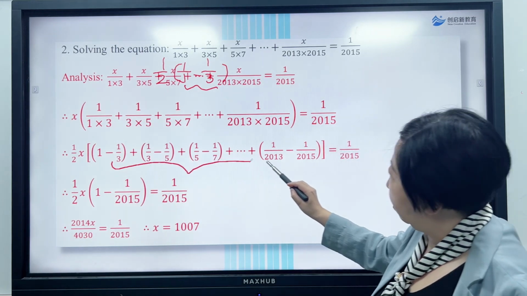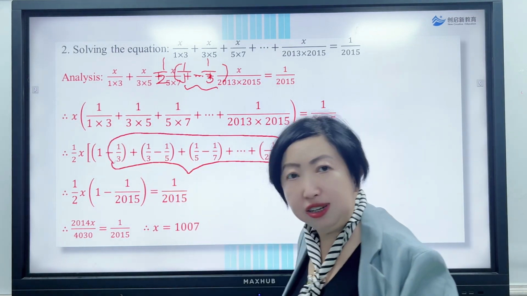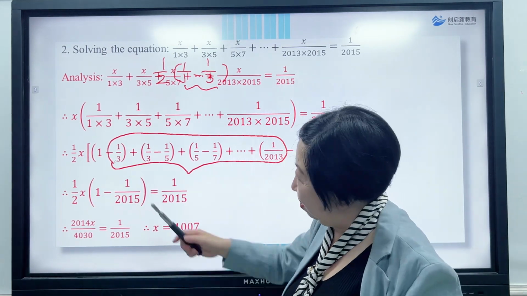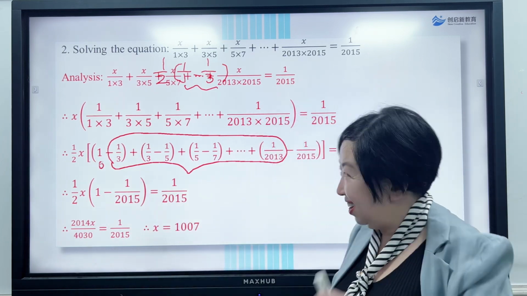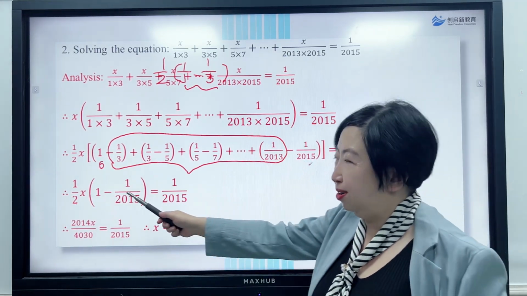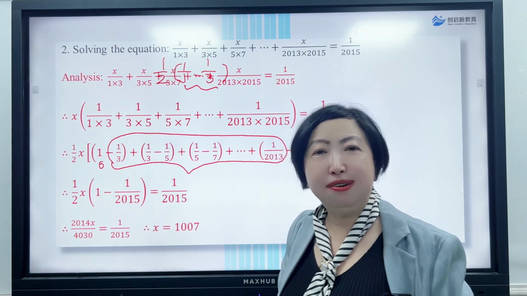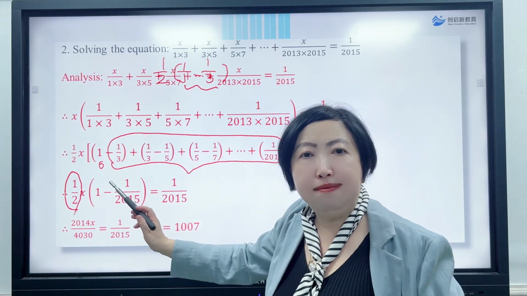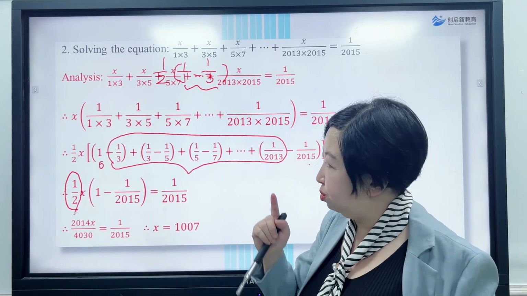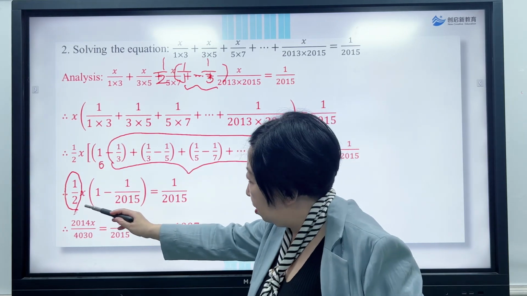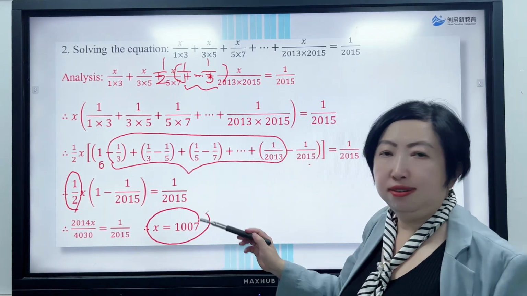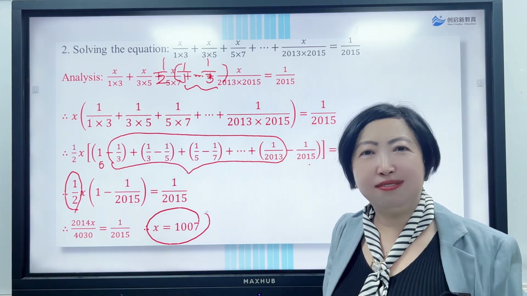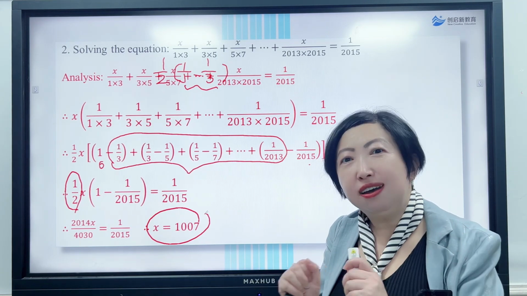Here the middle terms are also 0, it's nothing. So we have the first, the head, and the last, the end. So 1 minus 1 over 2015, and before the x we must multiply by a half. Of course, here we know x equals 1007. This method we must learn, the split method.